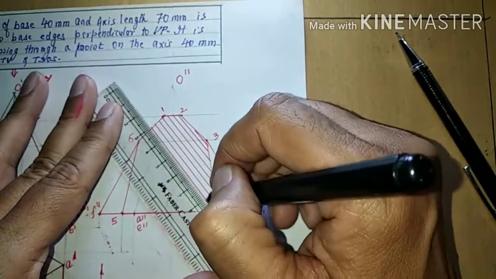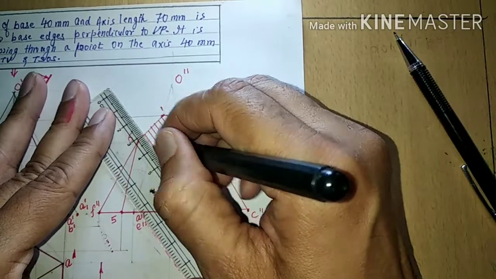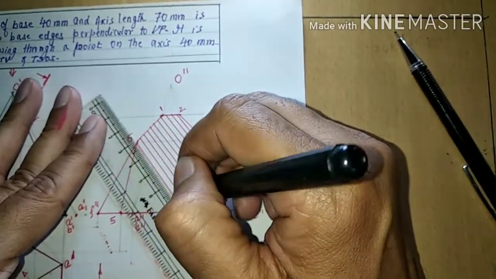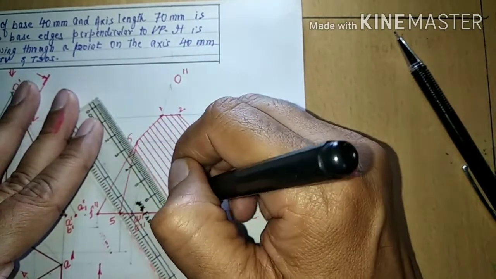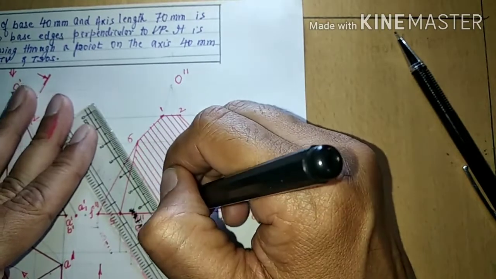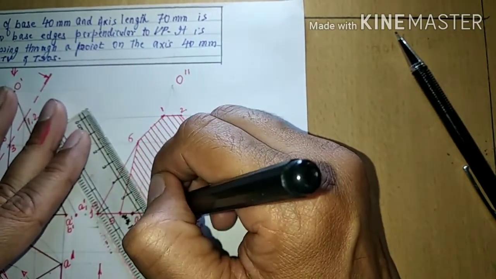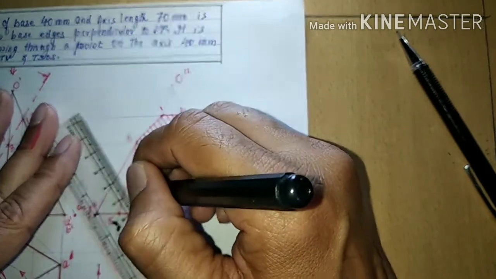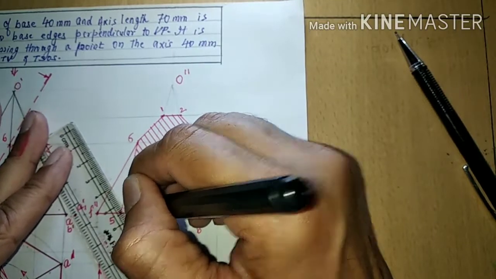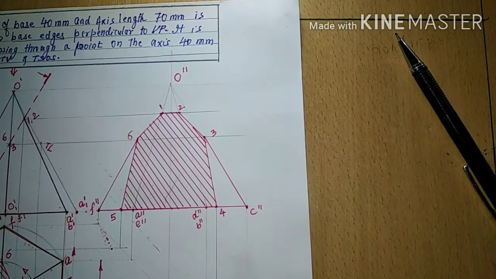Red lines in my problems mean visible dark lines, and black lines which I have drawn by pencil in my problem are construction lines for you. This I had used so that all the lines are visible to you. This is the sectional side view.